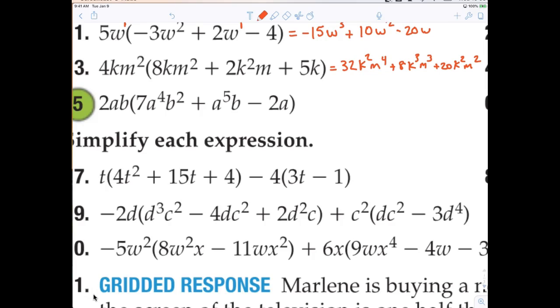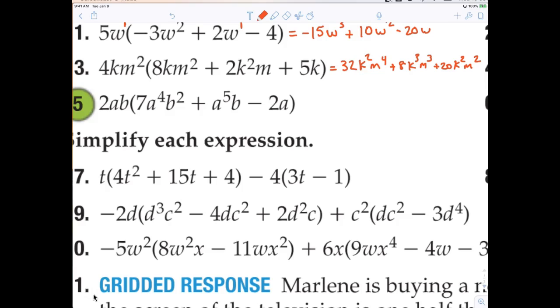What's the matter? So for the middle one, where it's 2k squared m, wouldn't it be 8k... Oh, never mind. But for the last one, it says plus 5k. Why is it 20k squared and m squared?